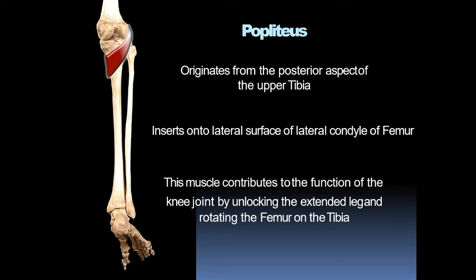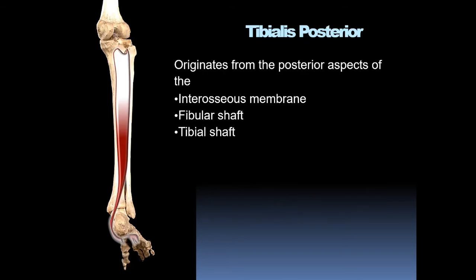Tibialis posterior muscle originates from the posterior aspect of the interosseous membrane, fibular shaft and tibial shaft.